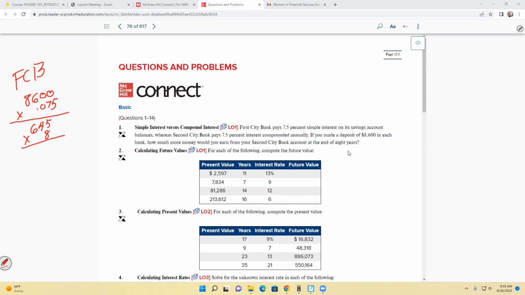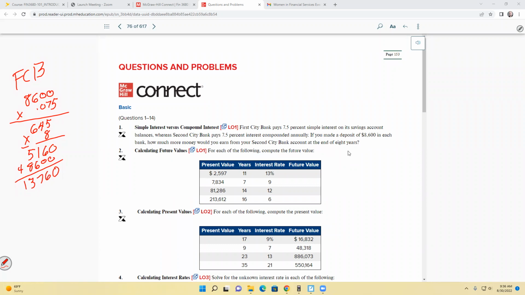So what's our total there? Yeah, give me the interest first. I'm sorry. What's the interest? 5,160. 5,160, and then we add our initial, and that's where we get the 13,760, right? Okay, very good. Everybody good there?